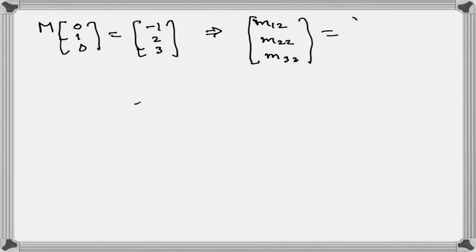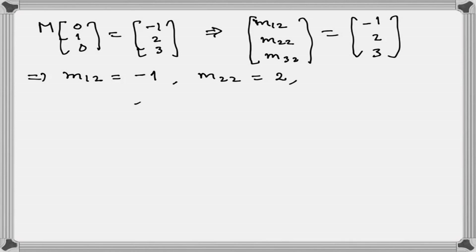This is equal to (minus 1, 2, 3). This implies M12 is minus 1, M22 is 2, M32 is 3.